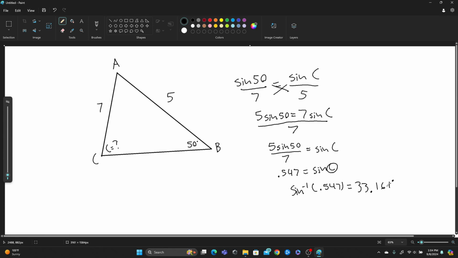But remember, for angles, we're going to just round to the nearest tenth, so 33.2.